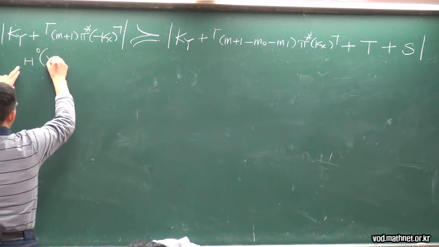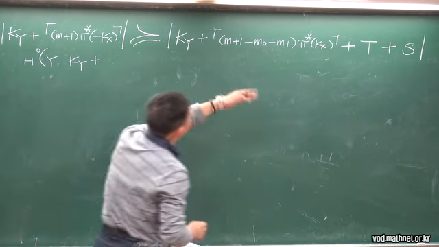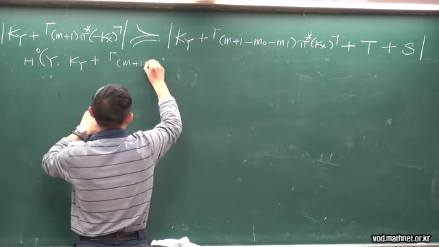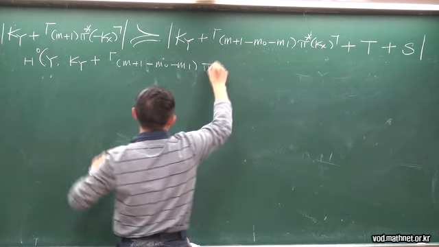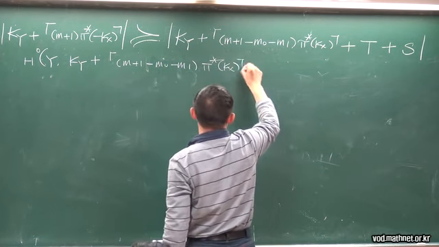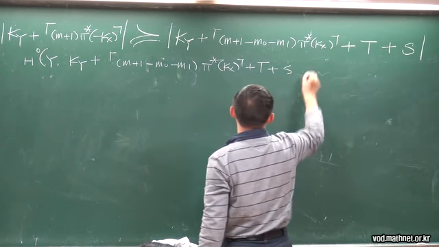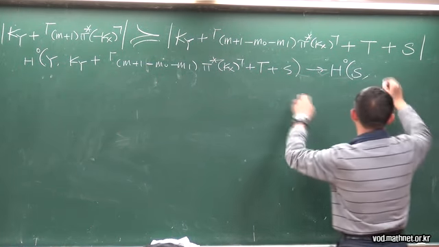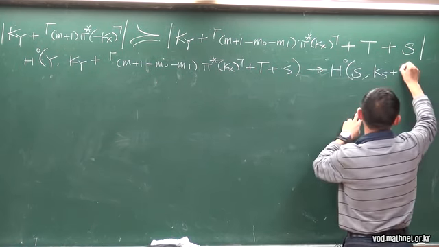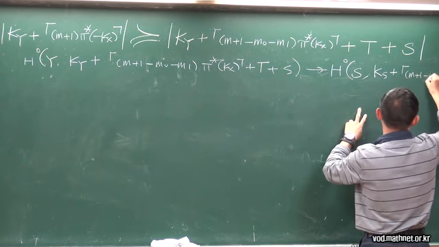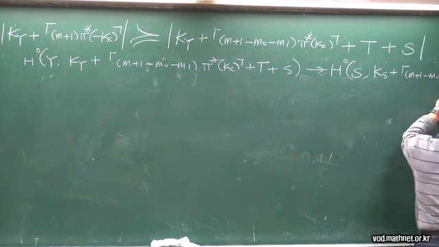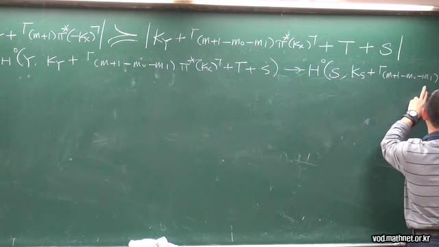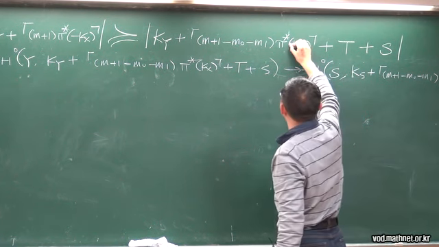So H0 of Y, KY plus m plus 1 pi upper star minus m naught minus m1 pi upper star Kx plus T plus S, when you restrict to the surface S, it becomes KS plus m plus 1 minus m naught minus m1 pi upper star minus Kx. Sorry, this is minus Kx.